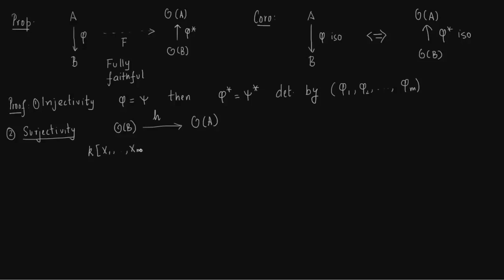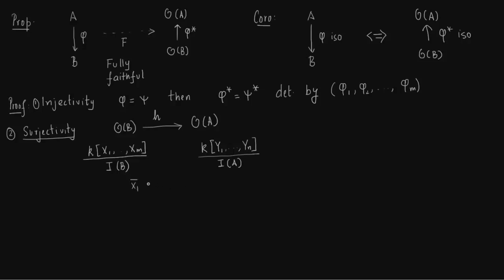Yeah, so you had k[x1, ..., xm], because B is a subset of k^m, modulo the ideal of B. On the right hand side we have, say A is a subset of k^n, so we have to have n variables now. So k[y1, y2, y3, y4 all the way to yn], modulo the ideal of A.